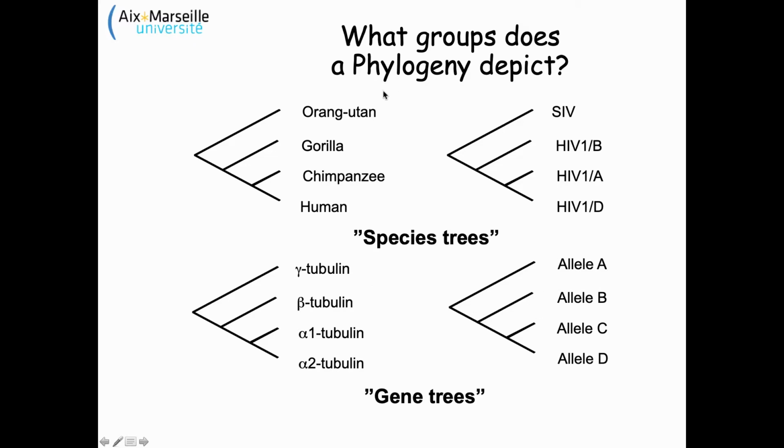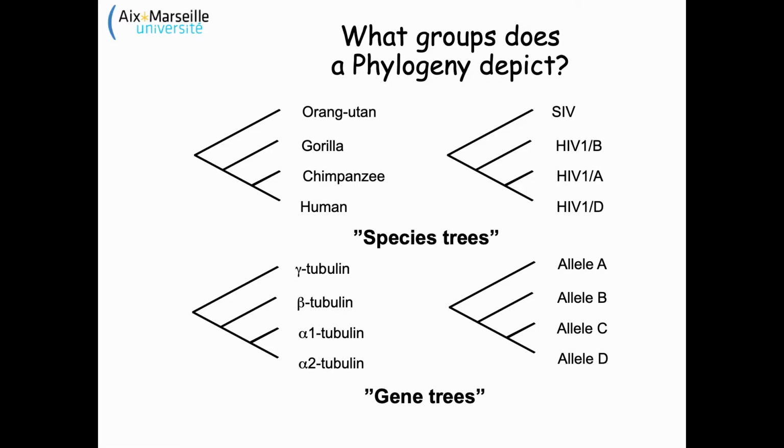You need to have in mind how the species tree was. Even if you have only gene trees, to analyze them, you have to keep in mind a little bit how the species evolved during the evolution.